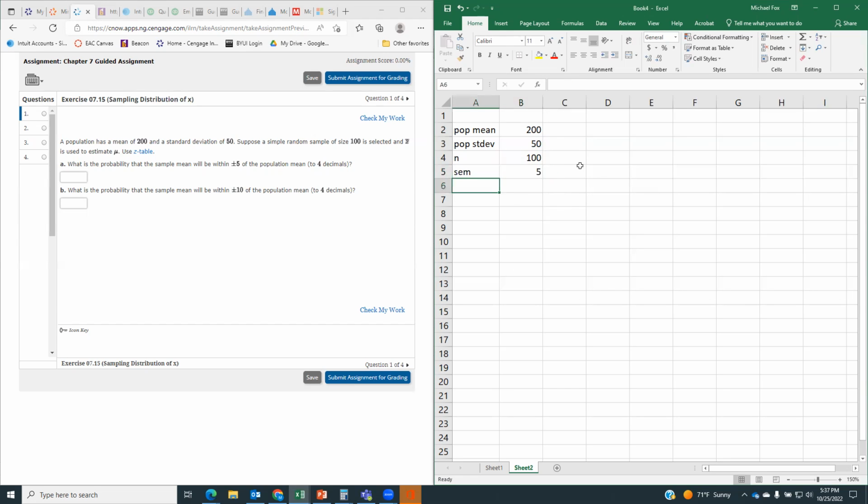So what this number really does is it helps us figure out the standard error, which is a function based on not only our standard deviation. If you think about it, the standard deviation is a form of standard error, right? We take each value of x minus the mean, and then we square it, and then we add them all up, and then we divide it by the total number, right?